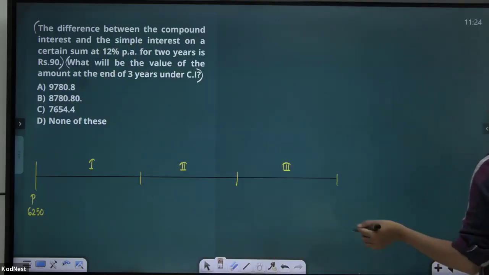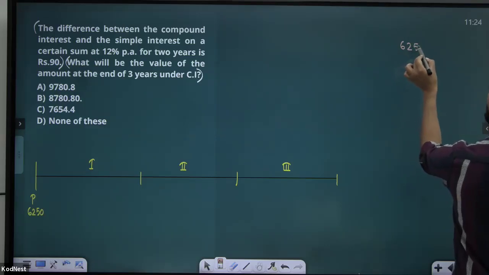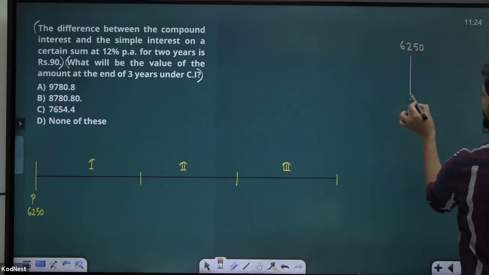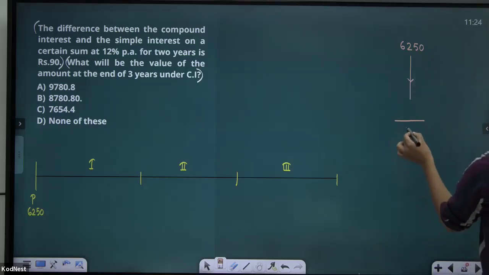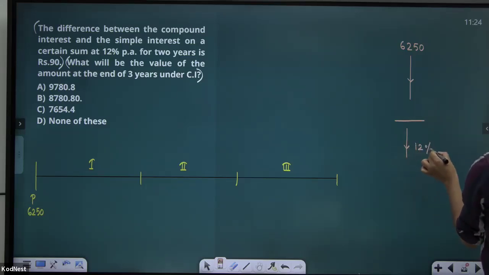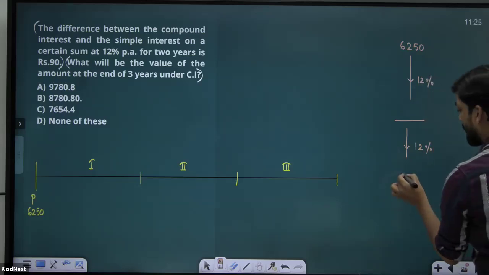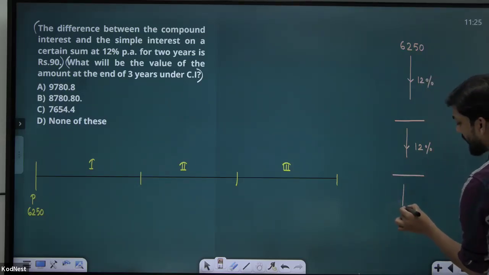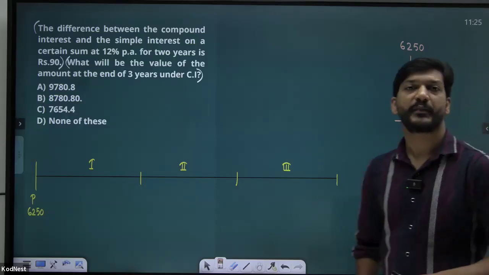Okay. Because it is not simple, let me calculate all the values separately. 6250. I will calculate 12%. Whatever value comes, I will again calculate 12%. 3 times I will do it.